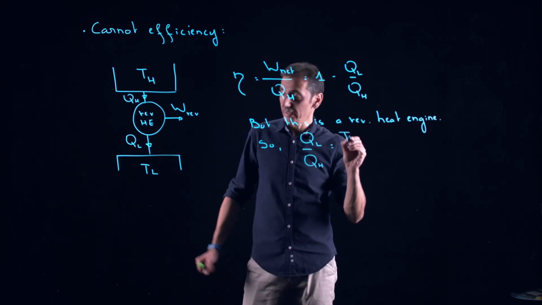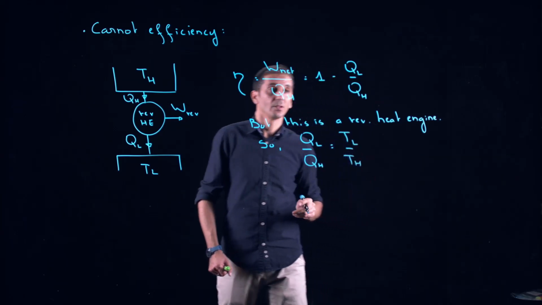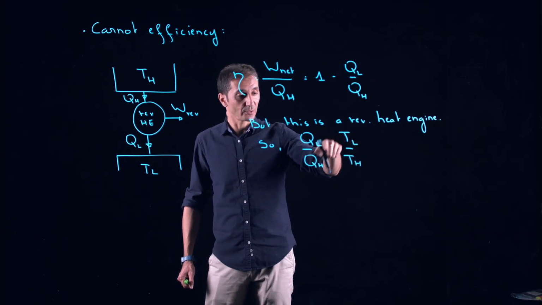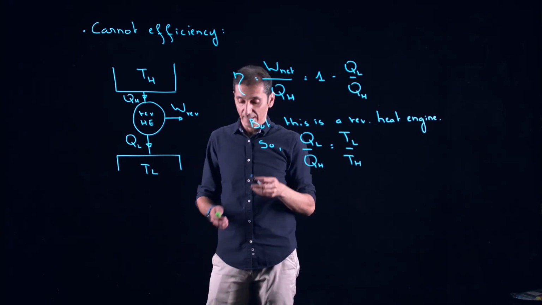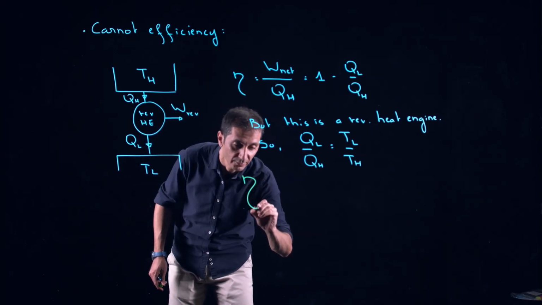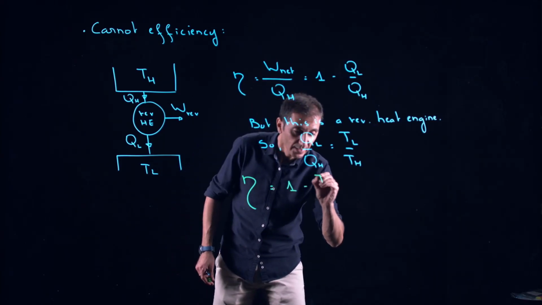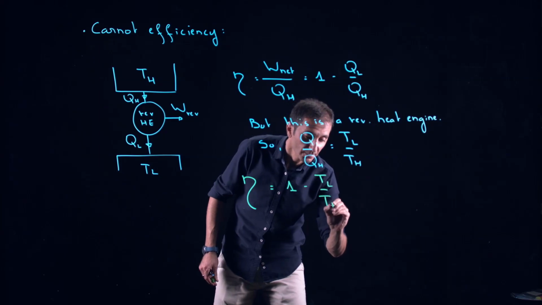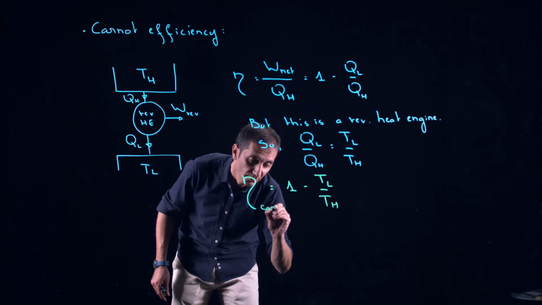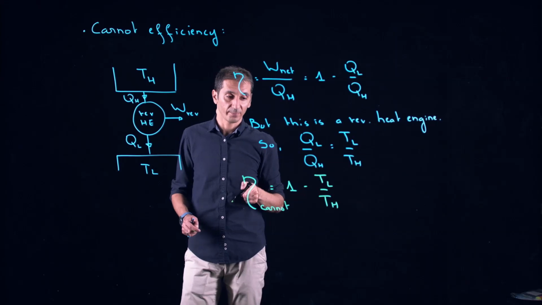Is equal to TL over TH. Which is cool because now I can replace QL over QH here by this term. And this will give me the following expression for the thermal efficiency: 1 minus TL over TH. Okay? And we'll be calling this Carnot efficiency for a heat engine running between TL and TH.